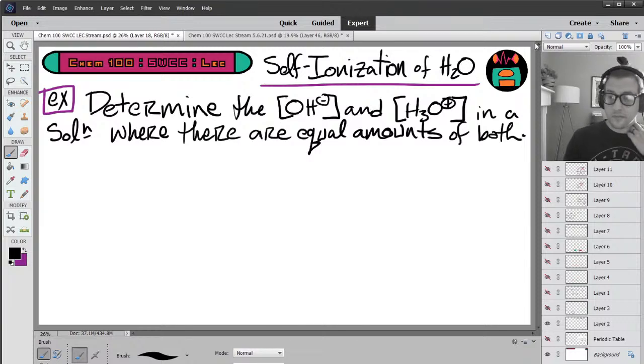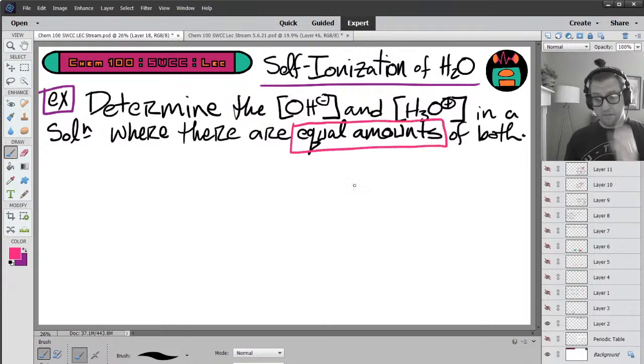All right. How do we solve this? What we want to find is the molarity of hydroxide and the molarity of hydronium. And the key to solving this is this: equal amounts of both.